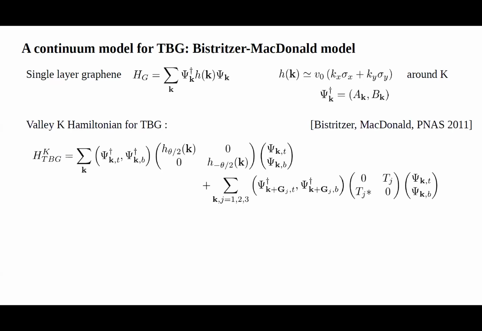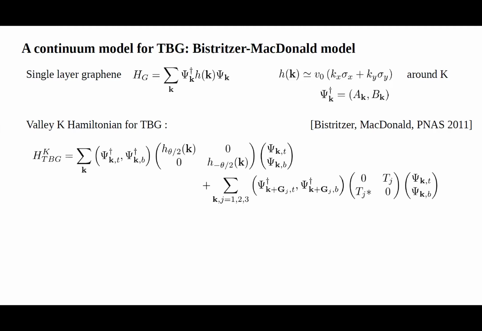To write down the Hamiltonian for twisted bilayer graphene, it's enough to write down its Hamiltonian just for K, because the other valley, K prime, is completely decoupled. And it's just going to be the time reversal partner of this valley. So let's comment on the terms in the Hamiltonian.